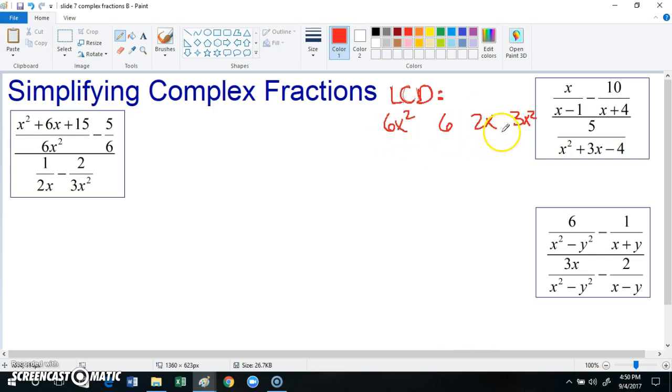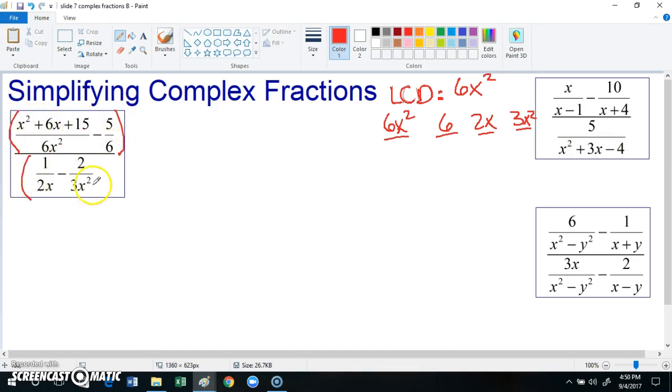It looks like the coefficients 2, 3, and 6 will all go into 6 evenly. And for the x's, I have x, x squared. Will each one of these denominators go into 6x squared evenly? Yes. So I've found my least common denominator.